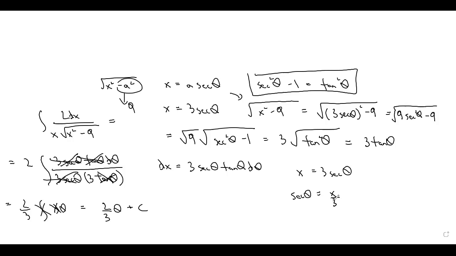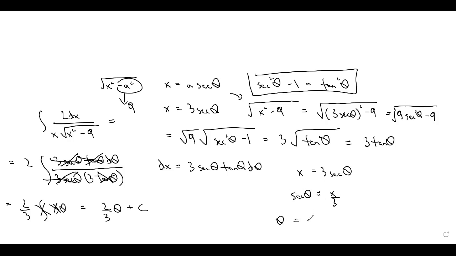So you don't have to do any triangles or anything super complicated. You just use an inverse function, because if you apply the inverse secant function to each side, on the left side they'll cancel each other and just become theta. So let's do that. The left side will just be theta. Imagine that we're applying the secant inverse to that, but that would be awkward to write, so let's write theta.